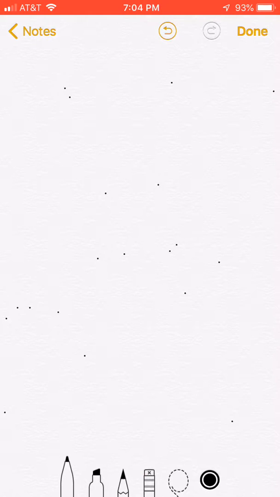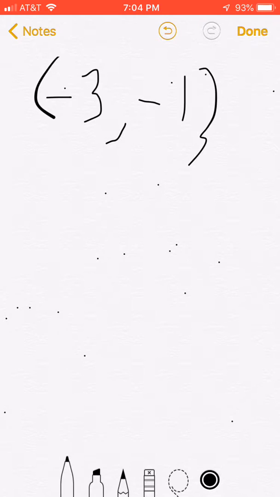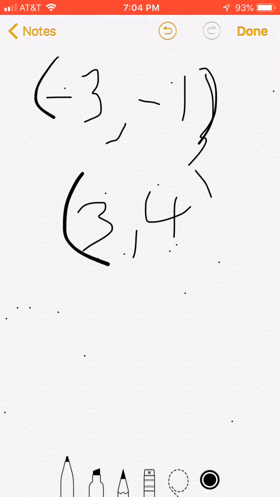So let's get started. Our first example problem of the day. Today we're going to be calculating slope. So let's say that we have (-3, -1) and (3, 4). Well, if we had those two points, then what we would do is first calculate the slope.